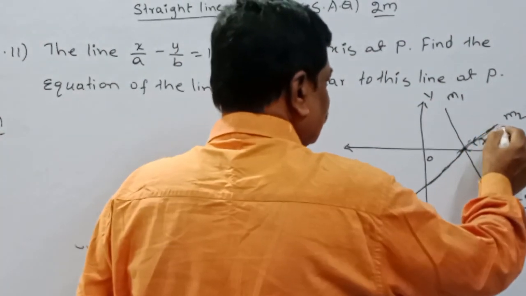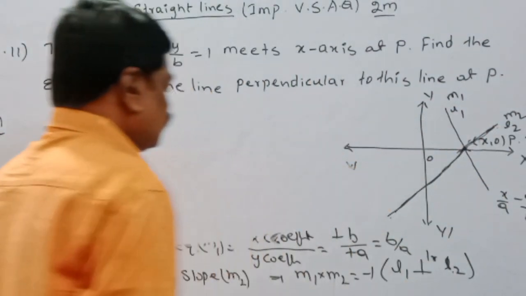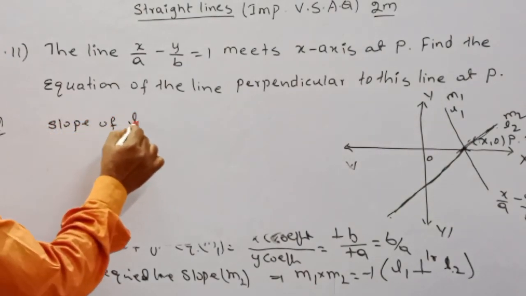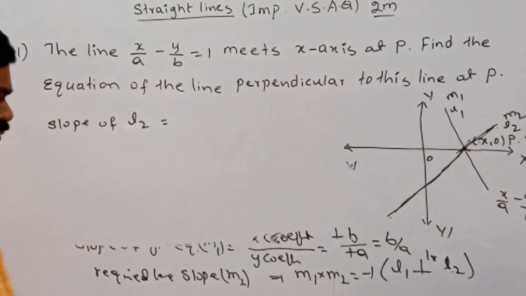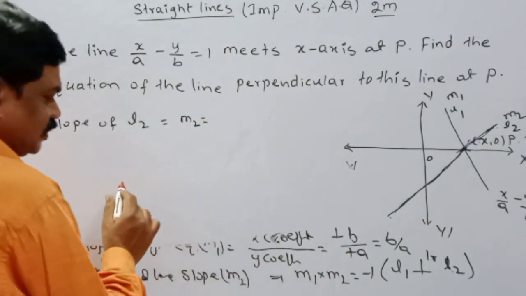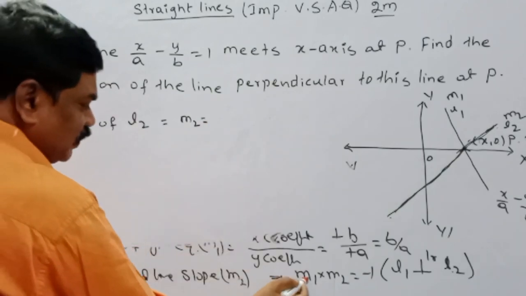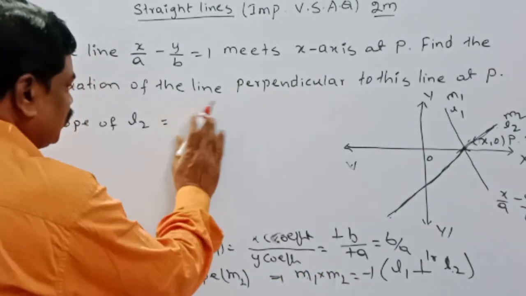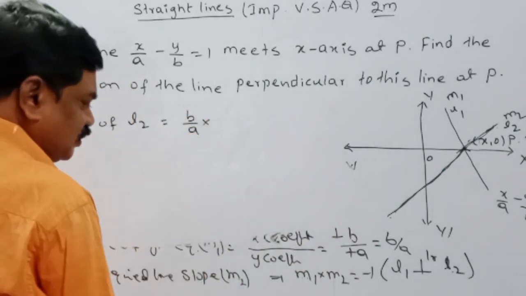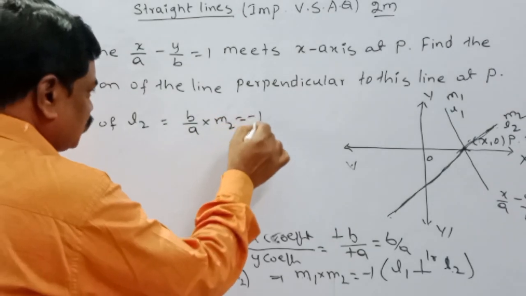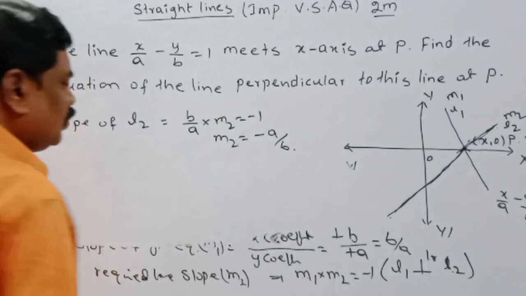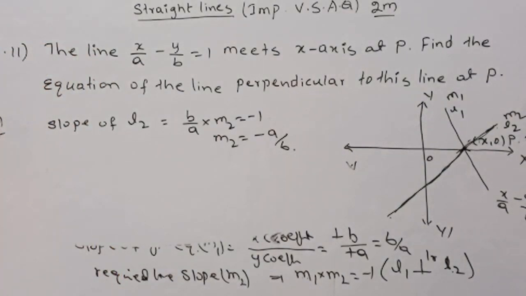M1 is b by a, so b by a into M2 is equal to minus 1, and M2 is equal to minus a by b.